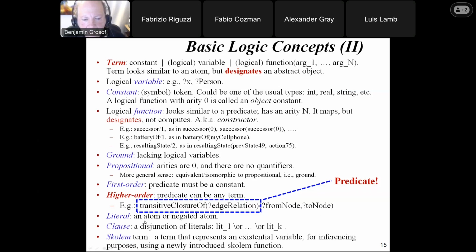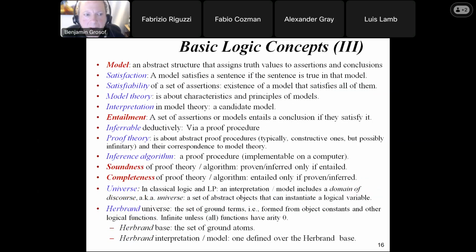A literal is either an atom or a negated atom. A clause is a disjunction of literals. A Skolem term is one that represents an existential variable for inferencing purposes using a newly introduced function. A model is an abstract structure that assigns truth values to assertions and conclusions.